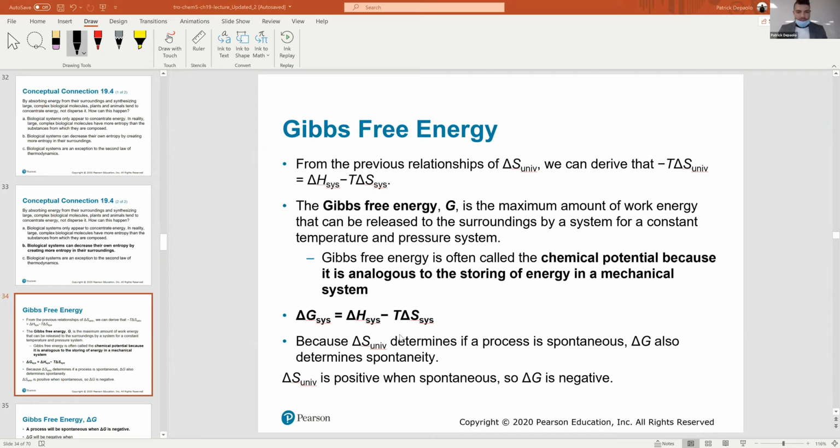Good. So, a rule with delta G about spontaneity. When delta G is negative, the reaction is spontaneous. Very good thing to know. So you can tell immediately from a delta G value whether it is spontaneous or not spontaneous, just like you can tell from a delta H value whether it is endothermic or exothermic.